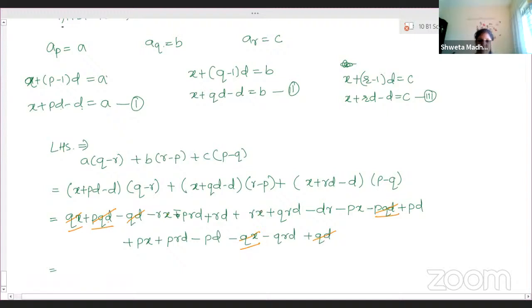Minus RX plus RX cancel. Minus PRD plus PRD cancel. Plus RD minus RD cancel. Plus QRD minus QRD, minus PX plus PX, and minus PD with plus PD. So everything is cancelled with each other, and the final answer is 0.